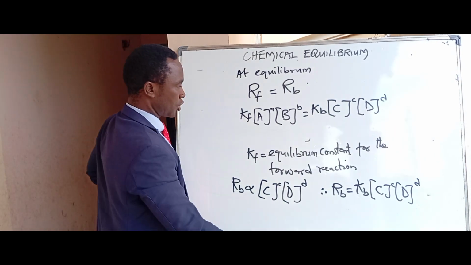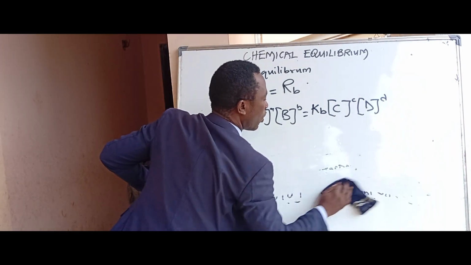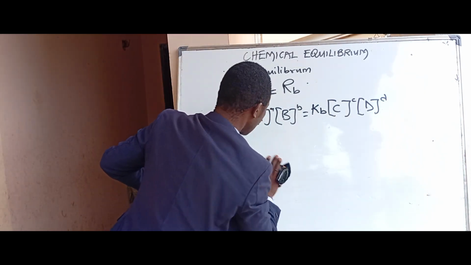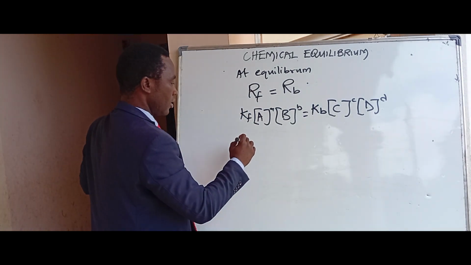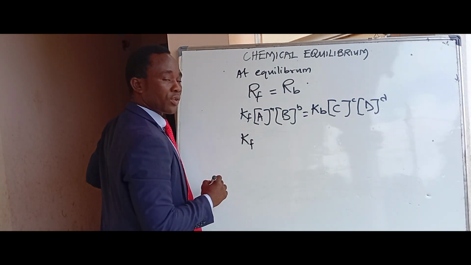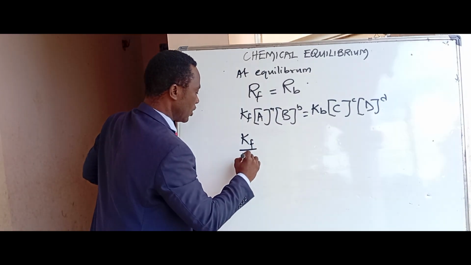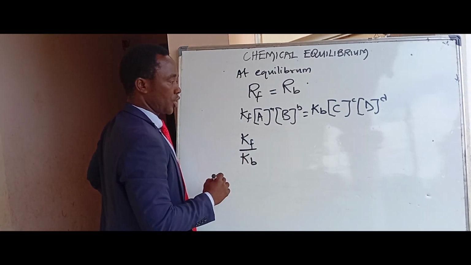Now we want to take a ratio, and the ratio we want to take is Kf over Kb. That is the constant of the forward reaction divided by the constant for the backward reaction.